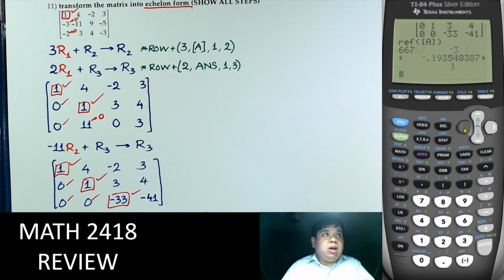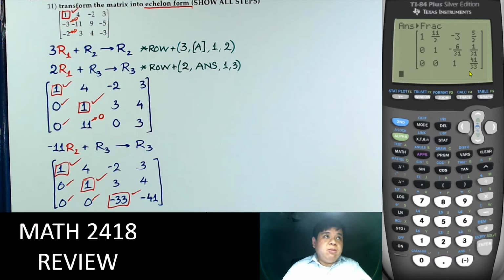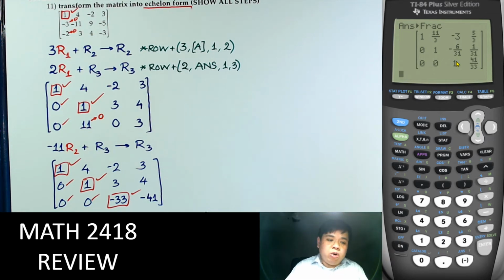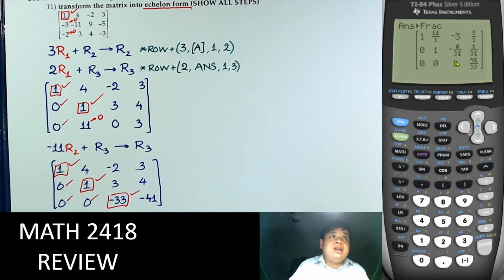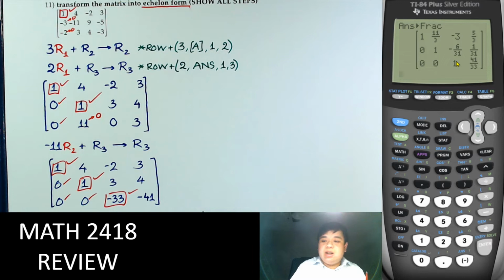The way the calculator understands it, the pivot, let me change to fraction so it's easier to see. The way the calculator shows it, it has to have 1 as the pivot, but in our book the way we define the pivot is something not equal to 0, so we don't have to turn this into 1. Just going to keep it like that, and of course it might be different. The reduced row echelon form is unique, but this one is not. So, that's what our answer is.